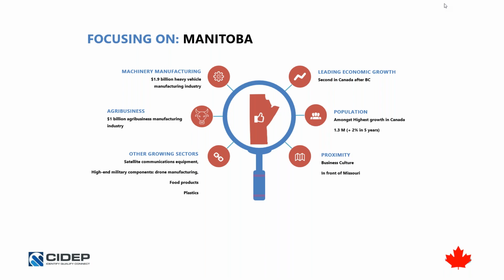But Manitoba, which has been at the bottom of the growth in terms of its economy within Canada, is expected to be amongst Canada's leaders within the next 2 years. They were just behind British Columbia in 2016, and right now they're almost equal.